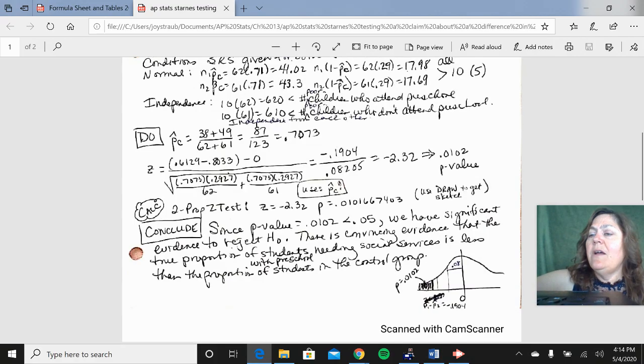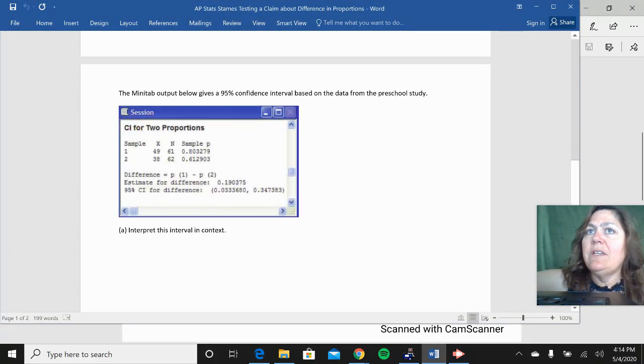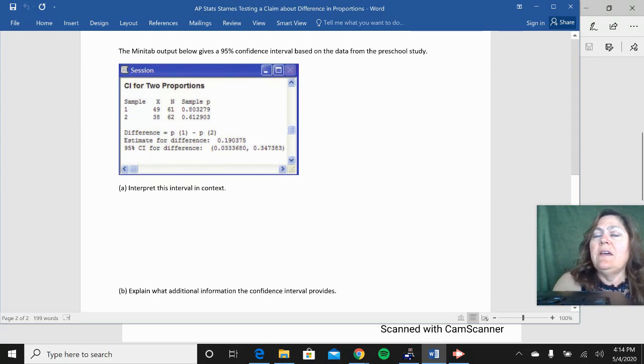Okay. All right, we're going to go back to now the back of the worksheet, which is using a computer program to tell you, Minitab, which again, you probably will be seeing stuff like this on the AP test since we're online this year. The Minitab gives a 95% confidence interval data there.